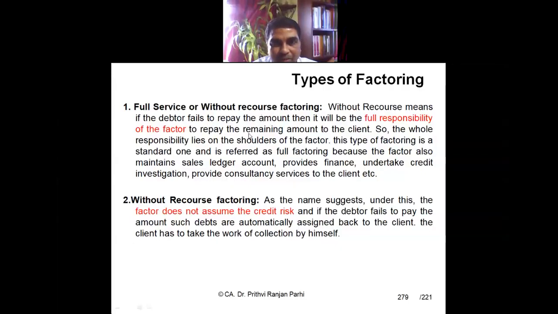When the factor does not assume responsibility, it should be with recourse factoring. So here there is a typographic error; this should be with recourse factoring in the second part.